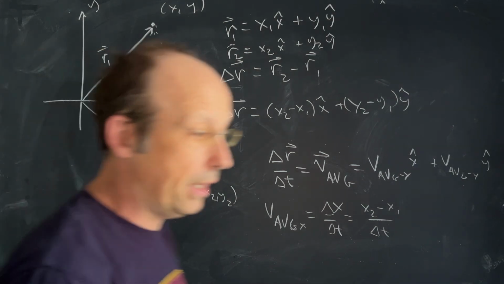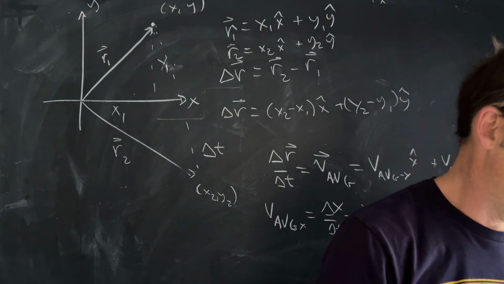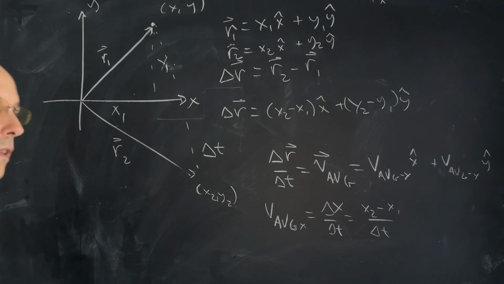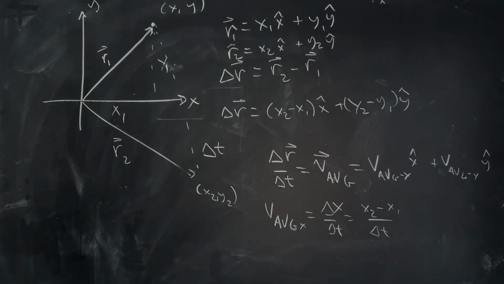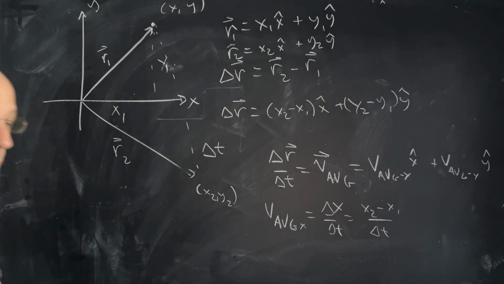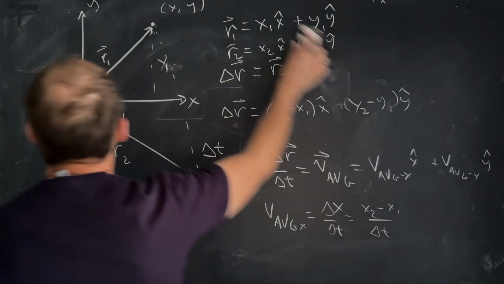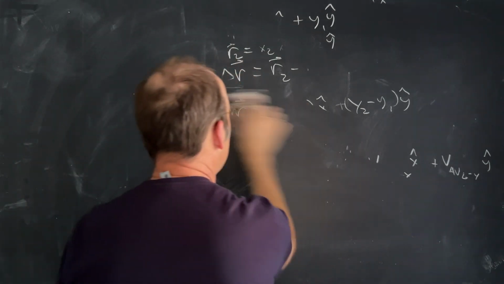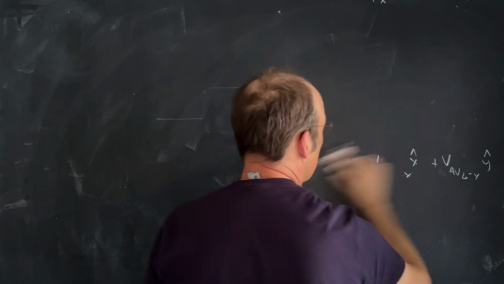Okay, so let's look at the most classic case of 2D motion, and that's projectile motion. So let's start off with some definitions that we've already looked at. Remember, I started off with this.